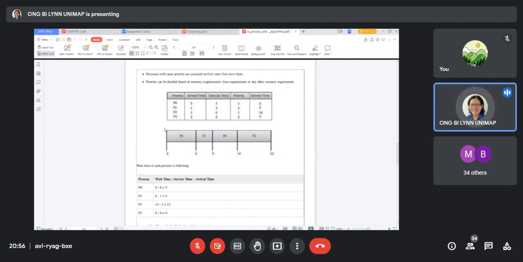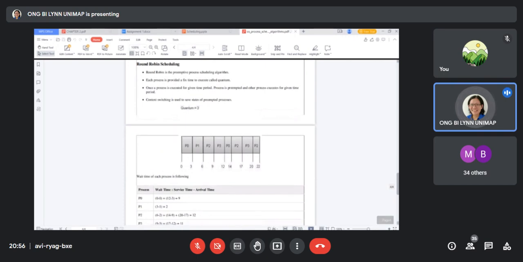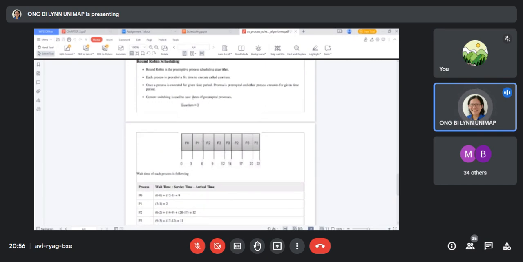Can you just memorize the one? It means that you are going to use the same table for round robin. P0, P1, P2, P3, arrival time of 0, 1, 2, 3, and the execution time of 5, 3, 8, and 6. You see round robin? It says it's a quantum of 3.